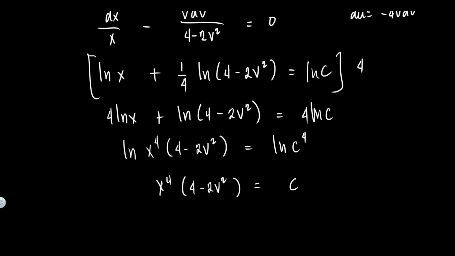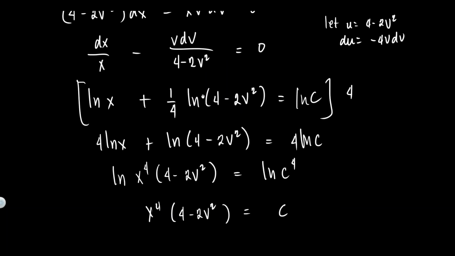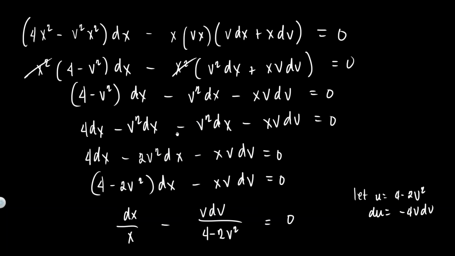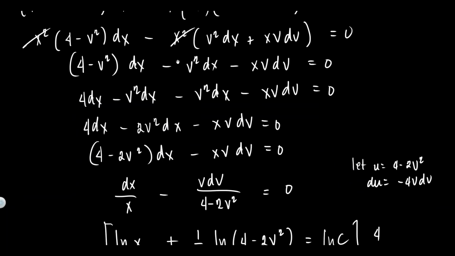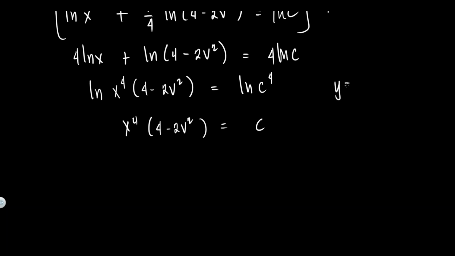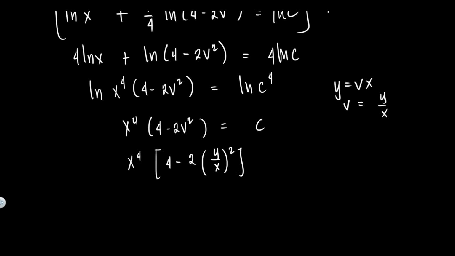Then, what substitution did we use earlier? The one with x, correct? Yeah, y pala. y equals vx. So y equals vx, therefore v is equal to y over x. So x to the 4th times 4 minus 2 times y over x squared equals c. Okay? Simplify.